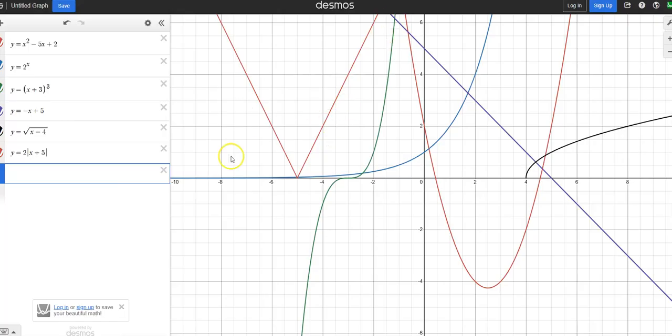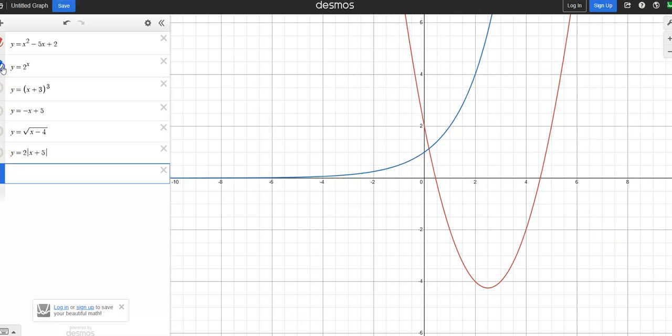So these all come from 6 different parent functions, but what you need to know is they all form a very, very similar shape. So if we go back to the first one here, x squared minus 5x plus 2, the defining feature is this x squared.